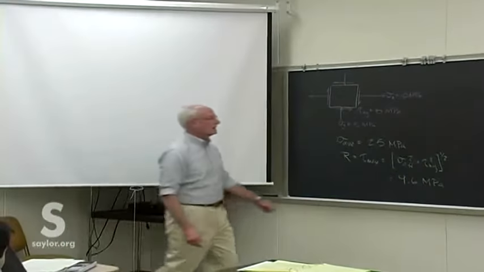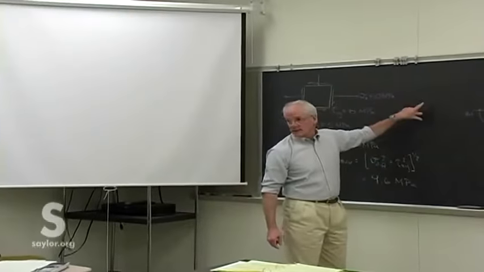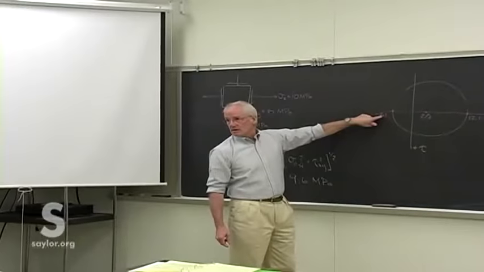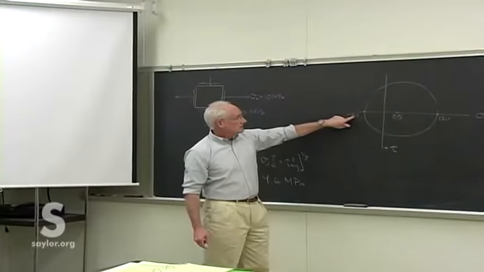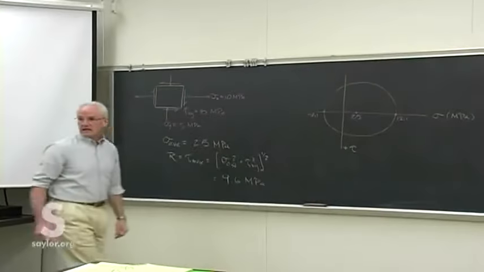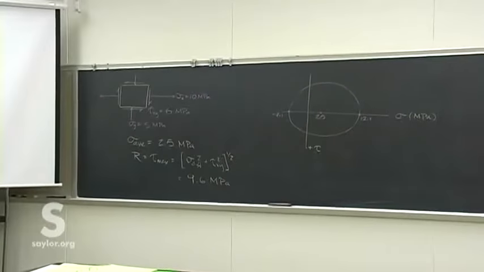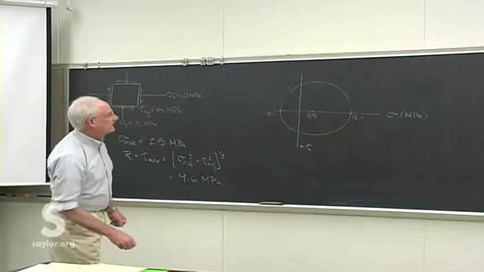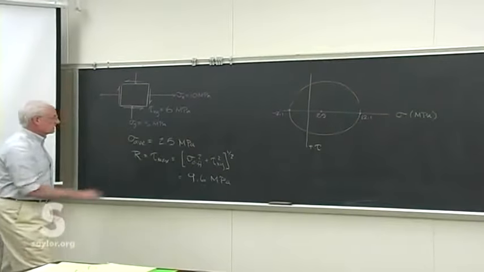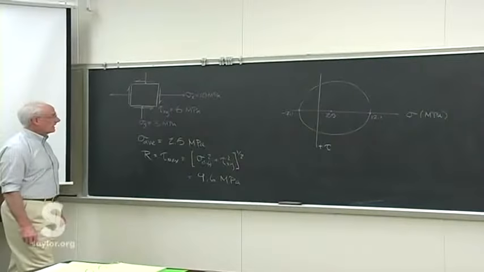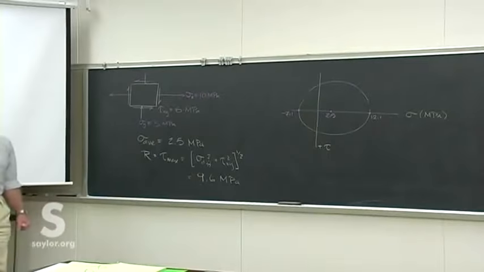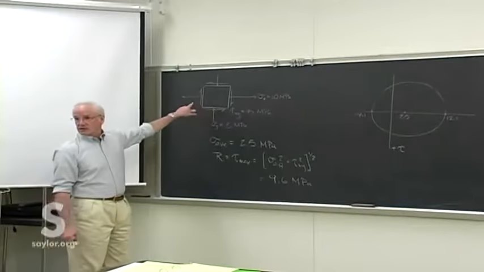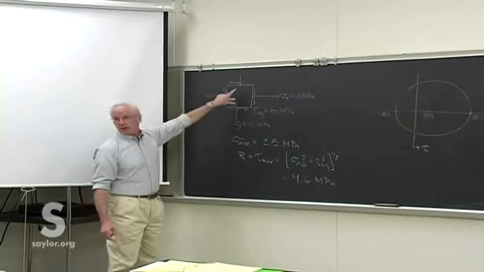However, you don't want it in a completely wrong place, because it's important to know that the minimum normal stress is negative. We expect the minimum stress to be compressive in this case.